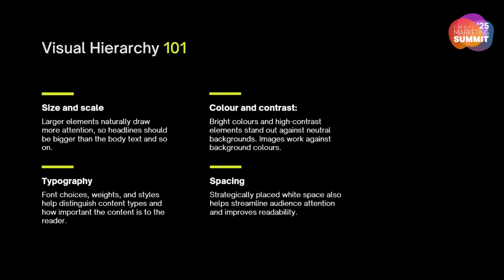So if you use your spacing well, you use strategically placed white spacing, you look at the way that your elements are distanced from one another in your emails, what you're doing is not only improving the experience within your email, but you're creating a better opportunity for your audience to read through your content more easily.